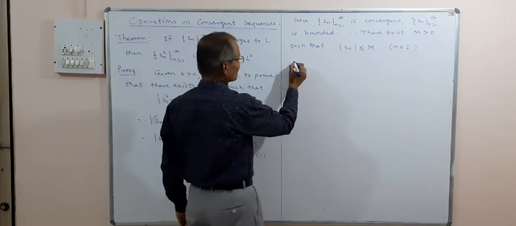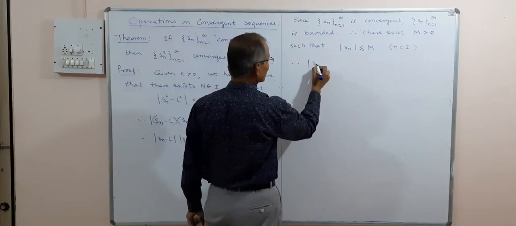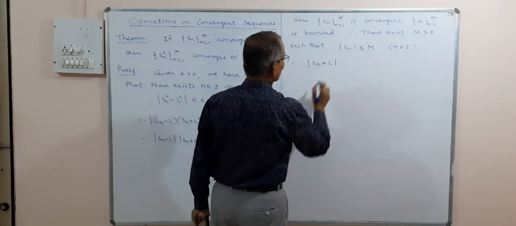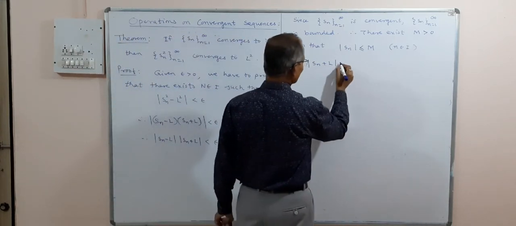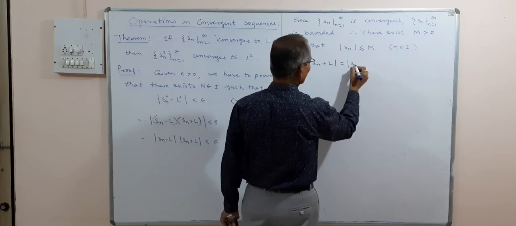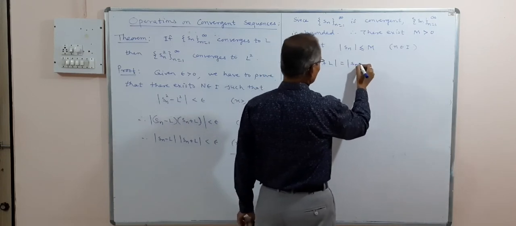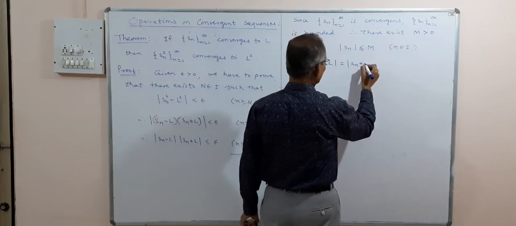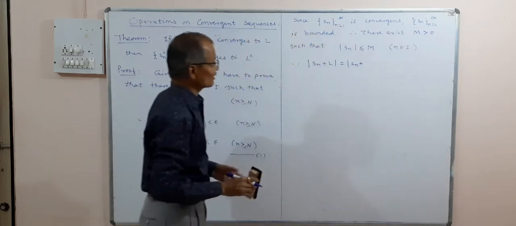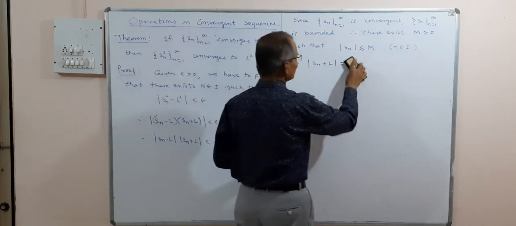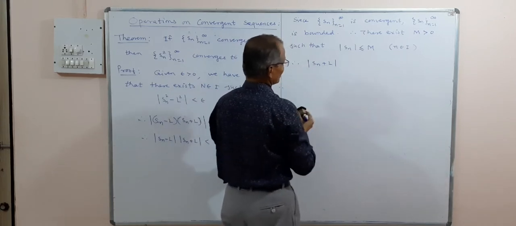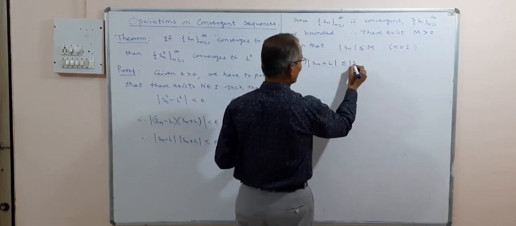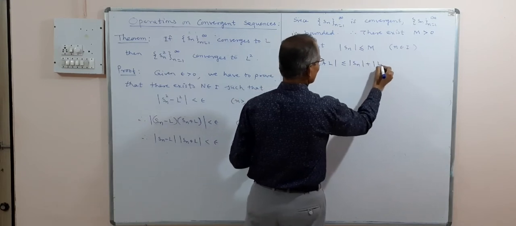And therefore now we will add L to it. Mod of Sn plus L is less than or equal to mod Sn plus mod L, if you separate the absolute value.